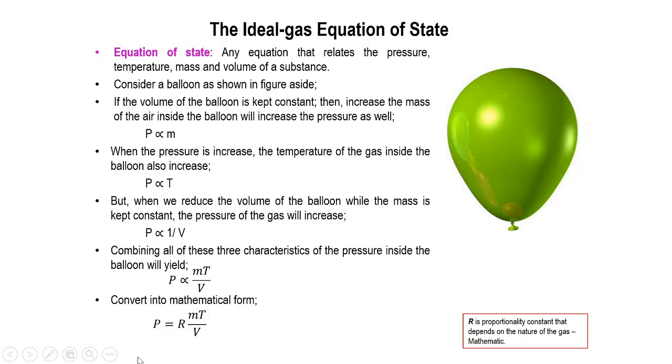Maybe here we talk about air. For air we get 0.28 something kilojoule per kg dot Kelvin. But for any other material, the value of R is different.